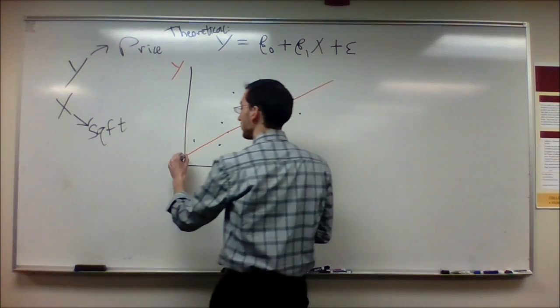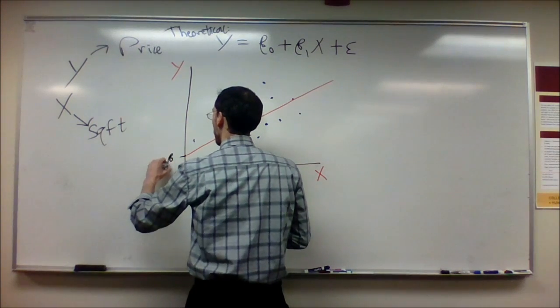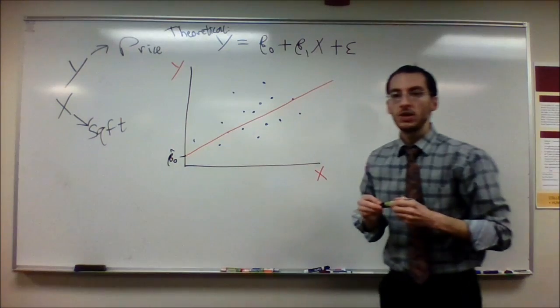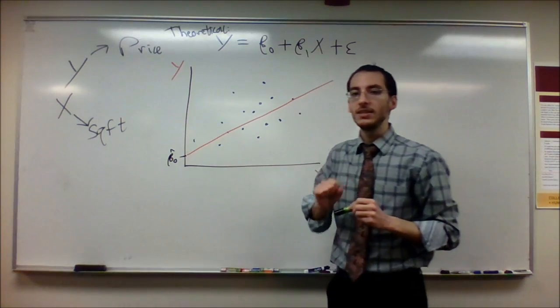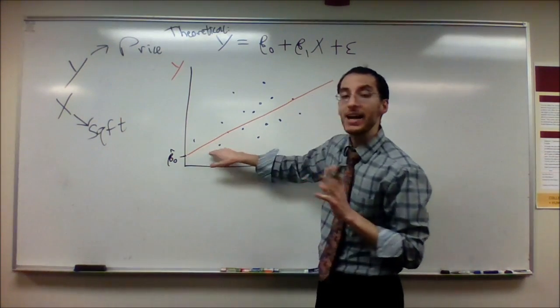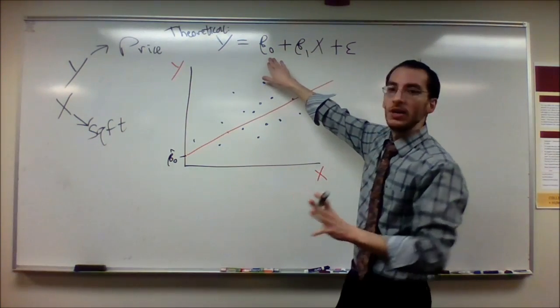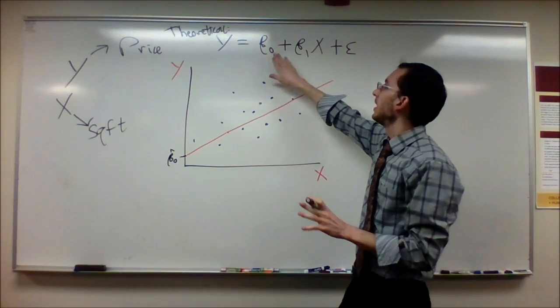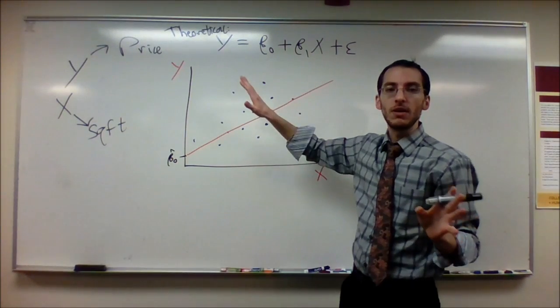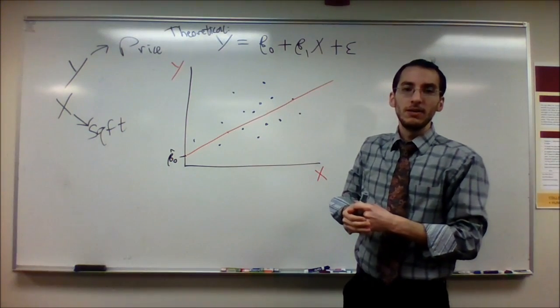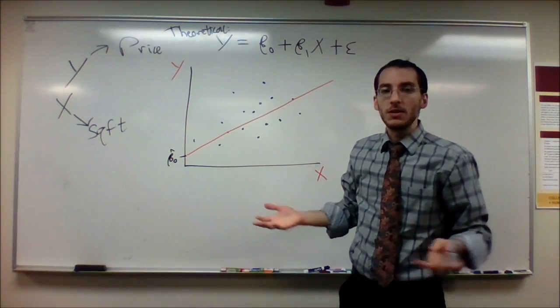This corresponds to beta 0. And I put a little hat on it to indicate that this is coming from the actual regression line. We don't know what the true theoretical intercept and slope coefficients are out in the universe. We don't know that because that's why we're doing statistics and modeling.